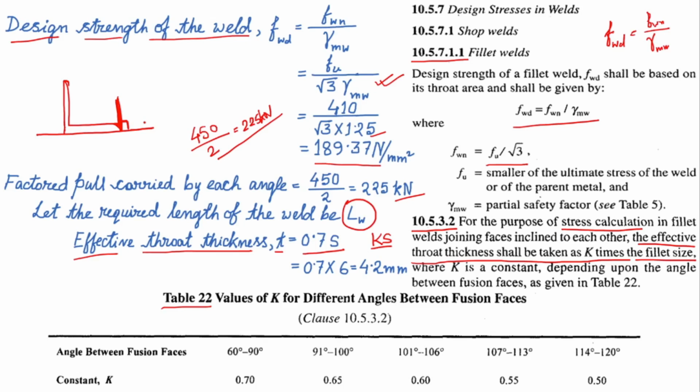So this angle is 90 degrees in this case. So for 60 degrees to 90 degrees, the value of K is 0.7. So I have written 0.7 S, because here K is 0.7 for an angle of 90 degrees. So effective throat thickness small t comes out as 4.2 mm in this case.